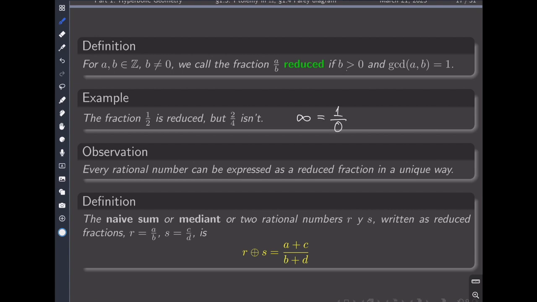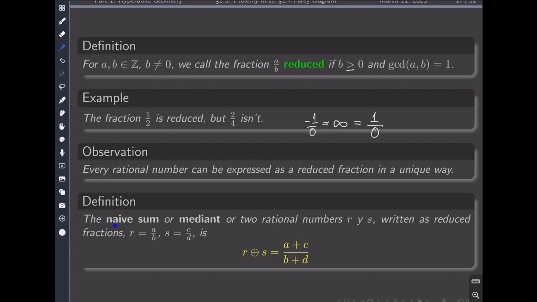So let's say the denominator is greater or equal to 0, so that infinity has its reduced fraction, but then for infinity the uniqueness is broken, because infinity is also minus 1 divided by 0, and the denominator is again non-negative. This is a bit annoying sometimes, the fact that it's not unique, but it's useful to keep those possibilities in mind.